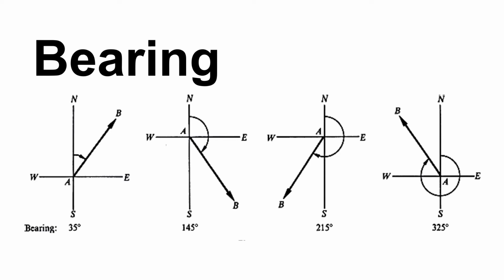In navigation, the bearing of B from A is more often given as the angle made by the ray AB with the north line through A, measured clockwise from the north around through the east. For example, these are similar examples from the previous slide, but you can directly write the bearing as 35 degrees, and for the second example 145 degrees because it's measured from the north line.